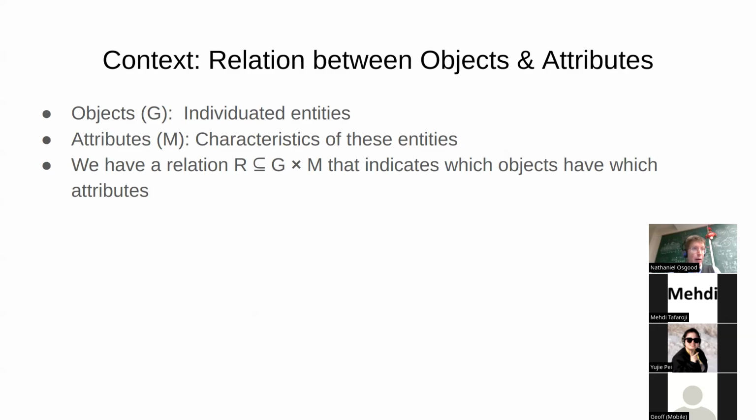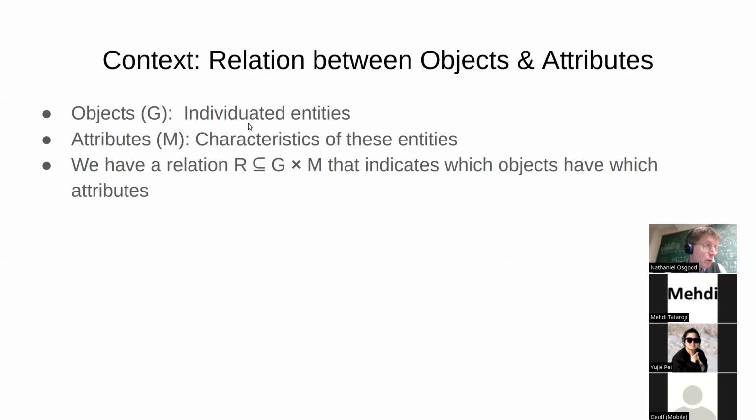So the type of data we're going to be talking about will consist of relational data: data that consists of relations between a very specific set of things. There'll be objects and attributes, and a relation from objects to attributes. Objects here will be individual entities.